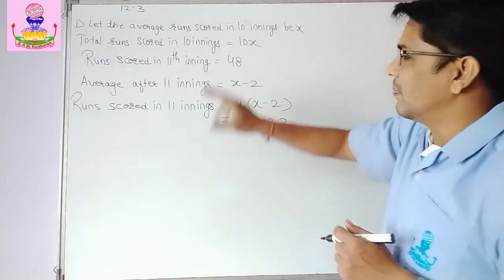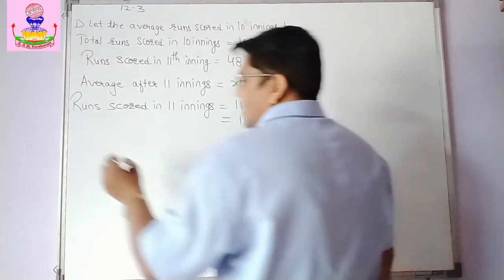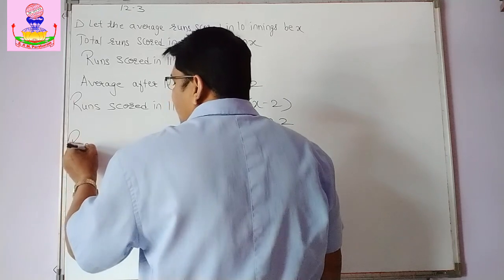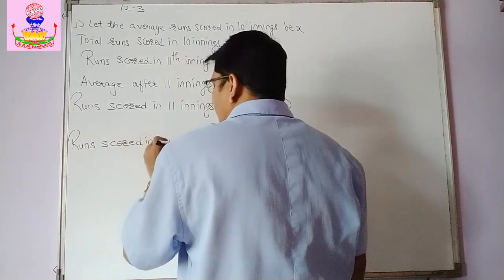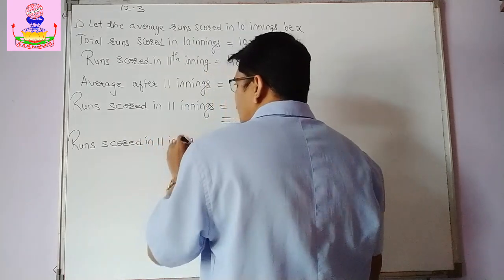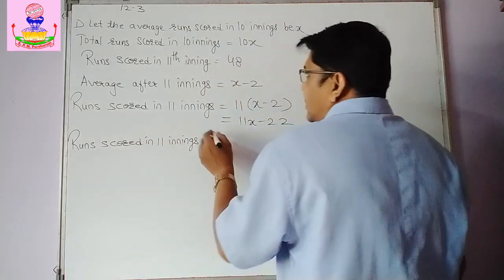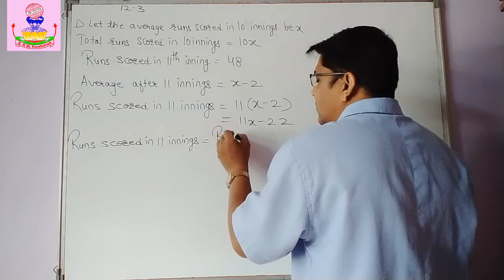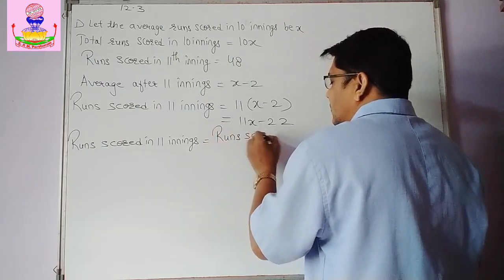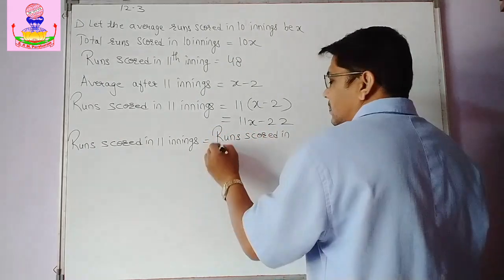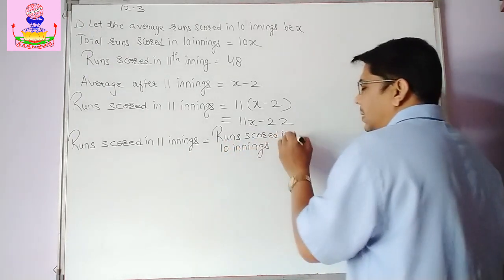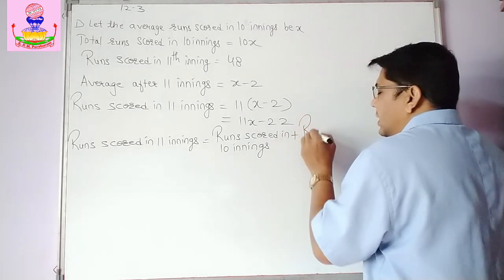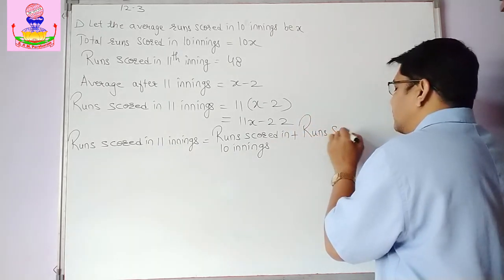We can add this 2. That should be equal to this. So the runs scored in 11 innings should be equal to the runs scored in 10 innings plus the runs scored in the 11th inning.